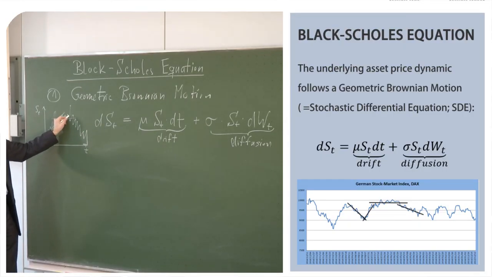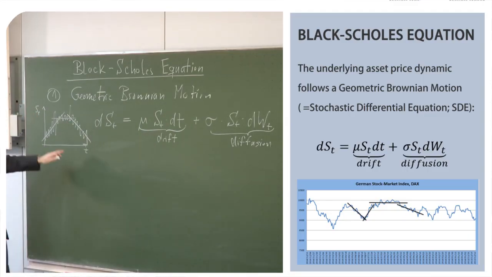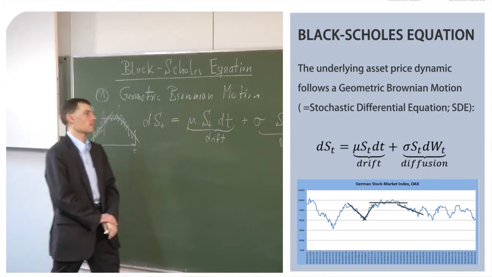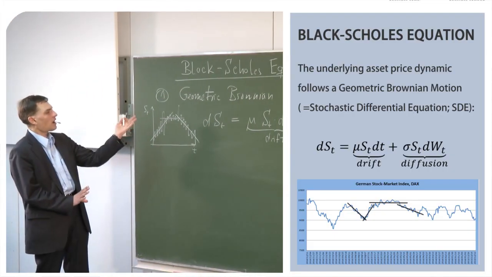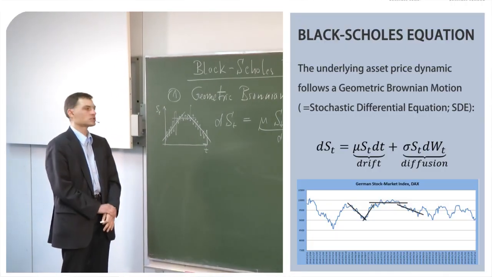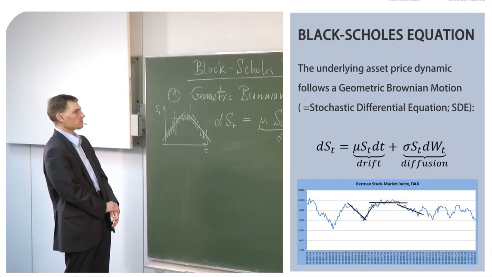And then maybe over some time a trend downwards. So the first component models this trend: upwards, sideways, downwards. And then we see there is some volatility around these trends. And that is captured by my second component in this equation. So this is a way how we model and simulate stock market prices mathematically.